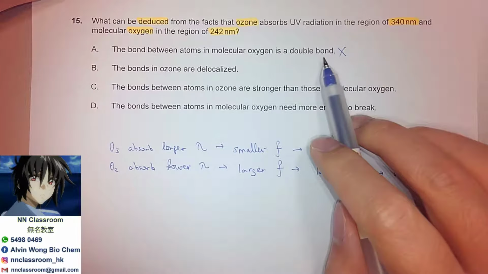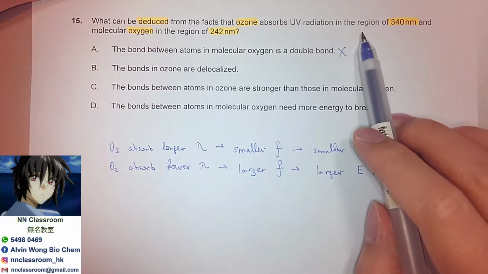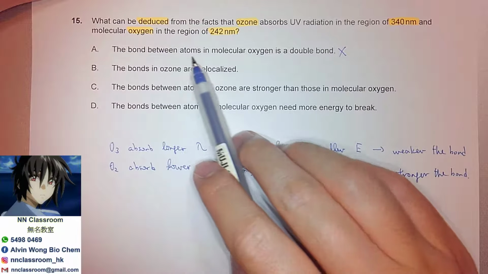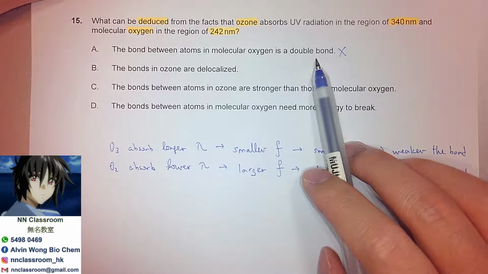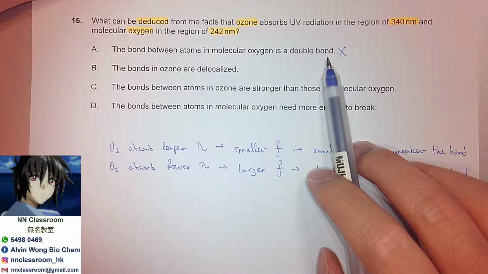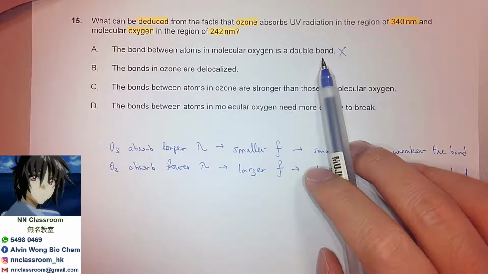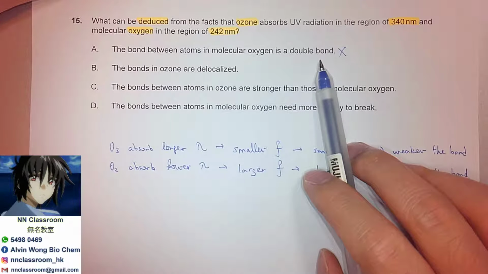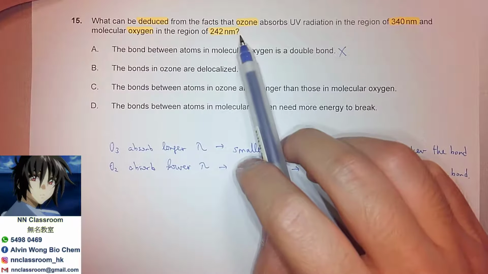No, we can't deduce that based on the given information, although it is a correct statement based on our pre-existing knowledge. So remember, this is a classic way of answering multiple choice questions. Yes, this is a correct statement, but it is not the answer for this question, because we cannot deduce it based on the facts given.